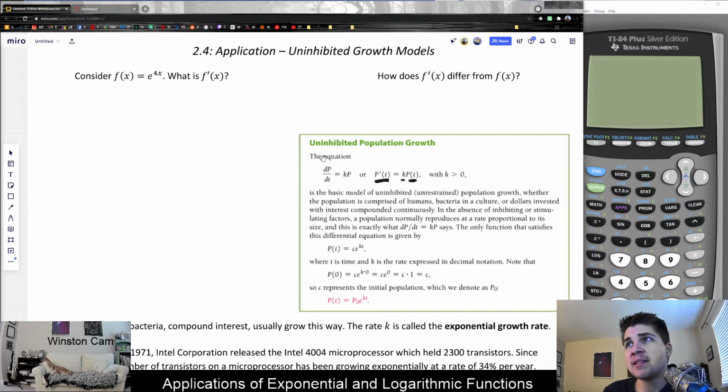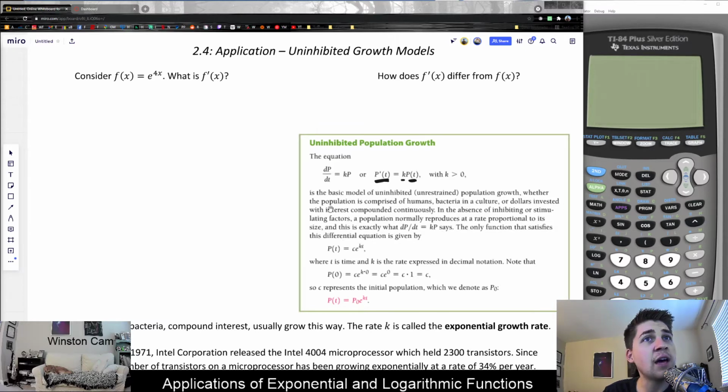Anyways, what it says is that the only function that satisfies this equation, in other words, the only way you can properly produce a function which has a growth rate proportional to its original population, is if it is an exponential function base e of the form C e to the kt, where k is the growth rate, C is going to be your starting value of your population, as we've seen, and t is going to be the time frame.